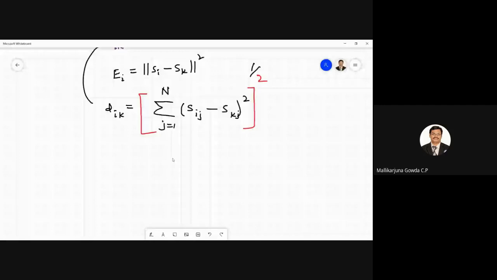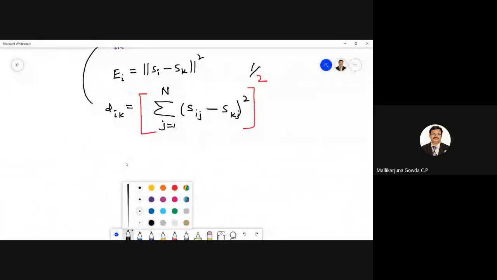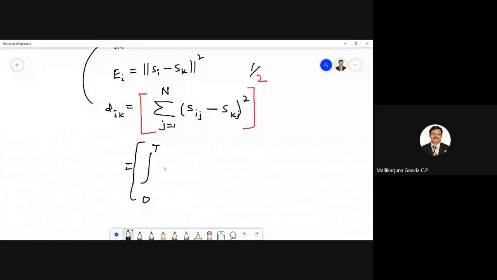And if I want to write this in terms of signals, I can write it as integral 0 to T of Si of t minus Sk of t, squared, into dt, to the power 1 by 2.